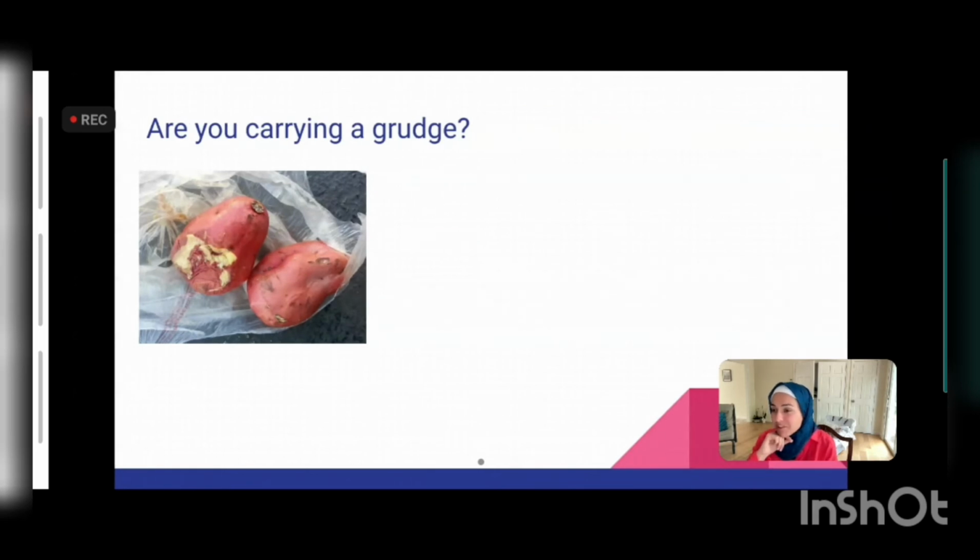So just a pause for reflection. Are you carrying a grudge? Remember, I told you that my orthoptist allied healthcare professional colleague wanted to learn how to inject intravitreal injections, and I sent him away and I said, you're not ready yet. You need to learn the basics and the fundamentals and the foundations before you go to theatre. And then that orthoptist was carrying a grudge against me.